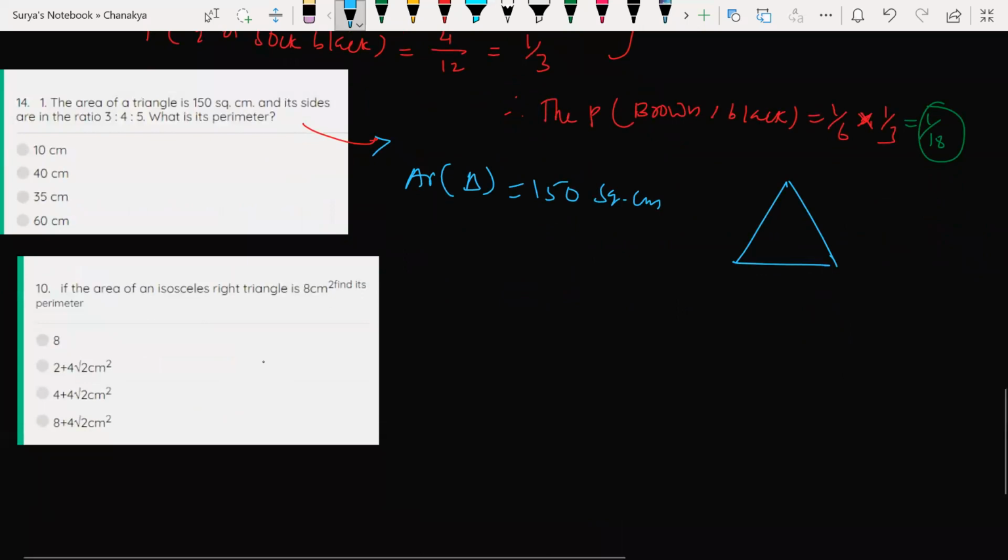What is the perimeter? Perimeter means the sum of all sides. Let the sides be a, b, c. Then the semi-perimeter is half of a plus b plus c. Is it clear? Yes, sir.